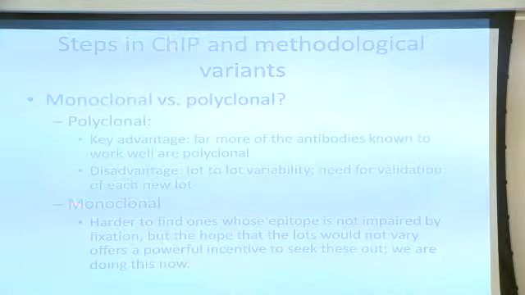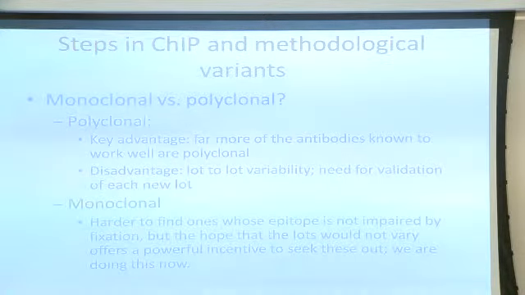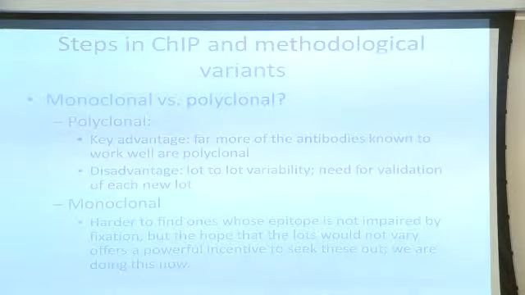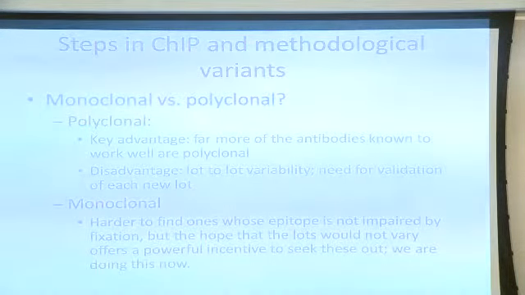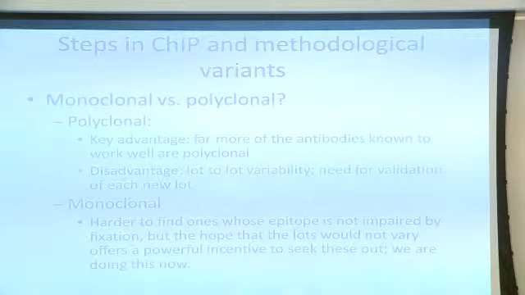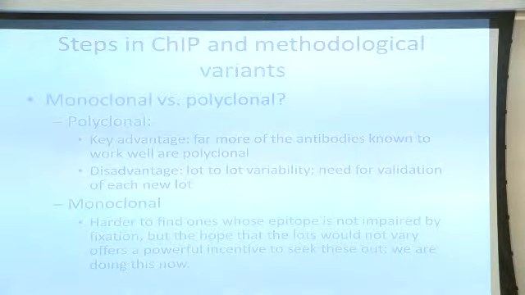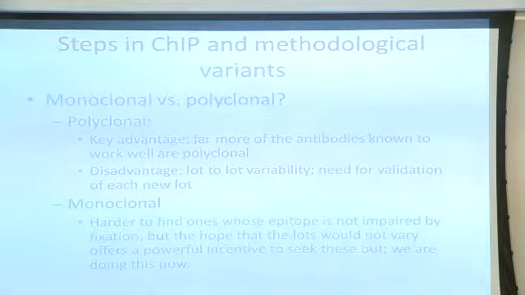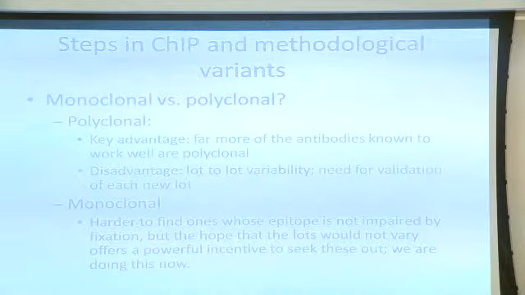In contrast, monoclonal antibodies are a very intriguing alternative that we're beginning to explore now, because you might have less lot-to-lot variability. But it's harder to find ones whose epitope is not impaired by the fixation. So it remains to be seen, at this point, how successful we're going to be at introducing more monoclonal antibodies into our process.